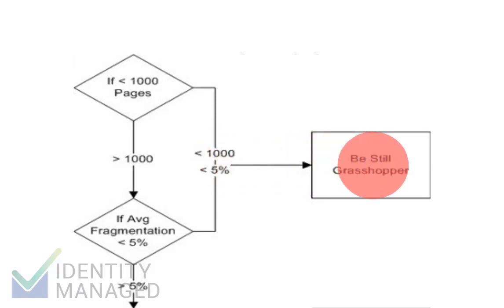A scan is actually faster than even having indexes. It's a waste of time to even have an index. If it's more than 1,000 pages and the average fragmentation is less than 5%, then don't worry about it. It's not worth doing any kind of index maintenance.